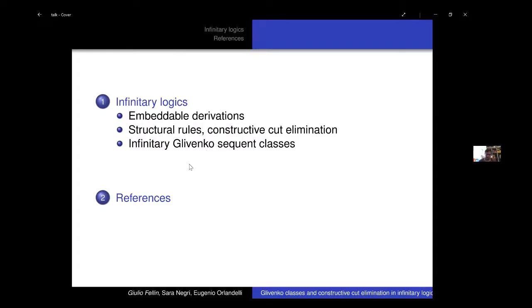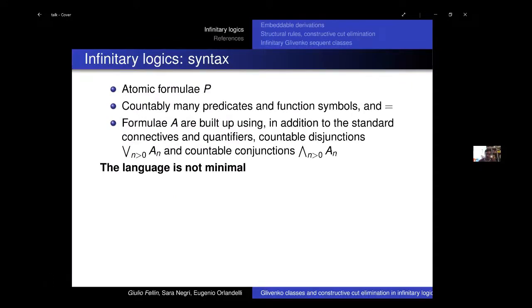Okay. So first, let me introduce the syntax. We have atomic formula, which we denote by P usually. Then we have countably many predicates and function symbols and equality.